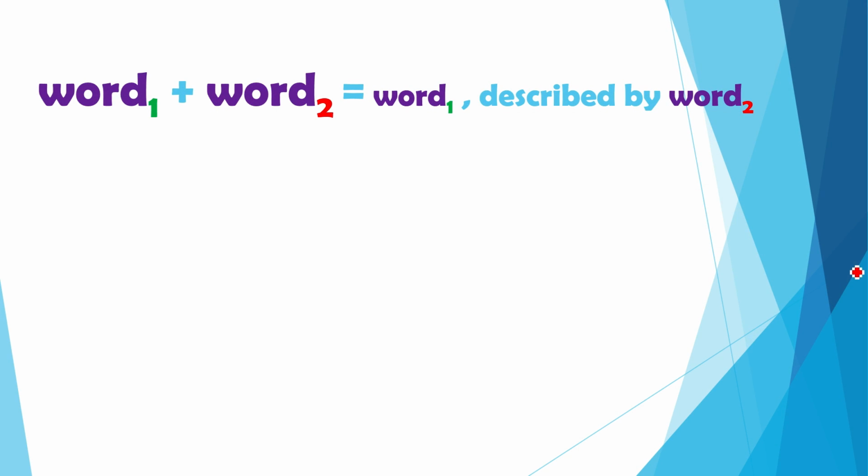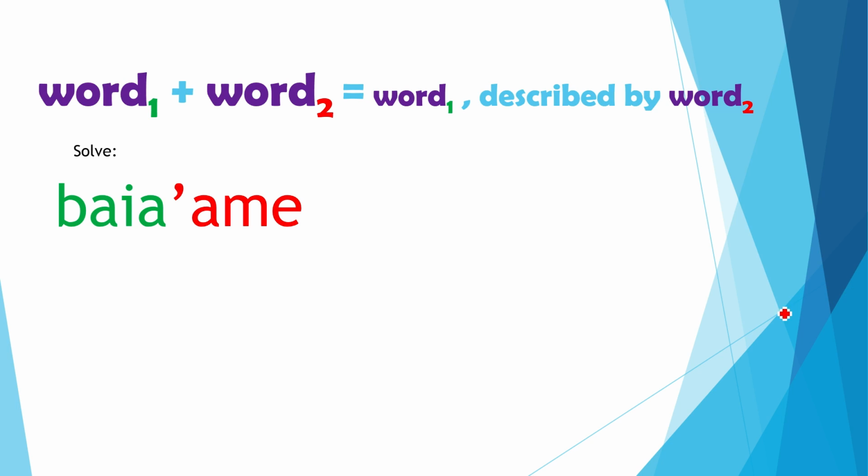Just to have it before our eyes, let's solve some words. So the first word to solve is baya ame. So let's figure out, well, if we know the elementary words, baya, so the two words, right? Baya plus ame.